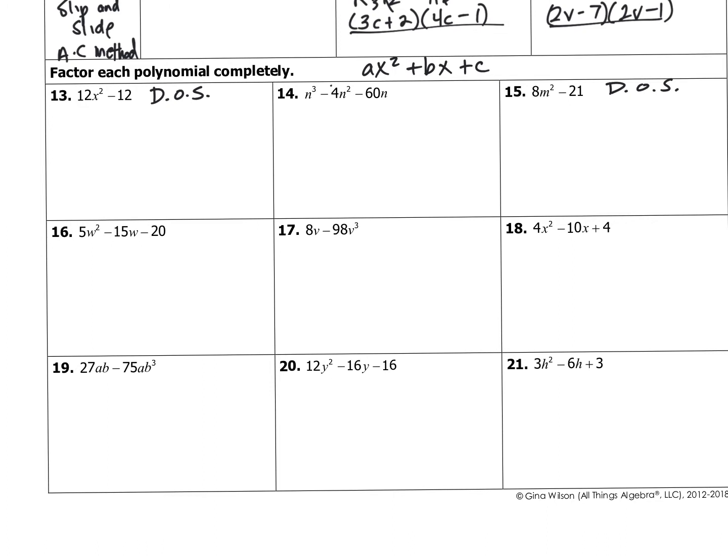Let's see, what else? 17, 17's not as obvious. I do see a GCF, but I'm not sure if that's a difference of squares. So we're looking to see when there is a difference of squares. This one actually ends up being a difference of squares, and this one does too.